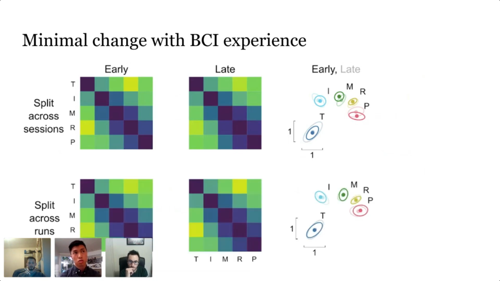And we also wondered whether there's learning within sessions. So splitting between run blocks of the same session into early and late, we also didn't see a consistent change across time. So we don't think the participant had learned their way into generating this finger structure.